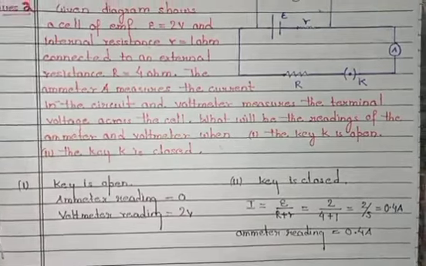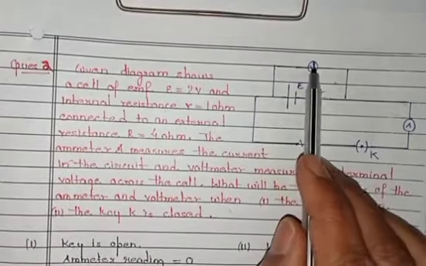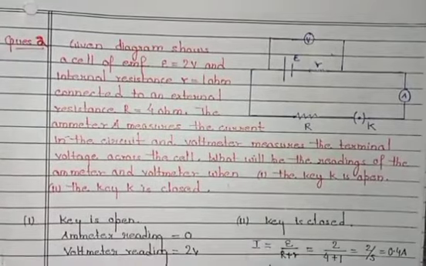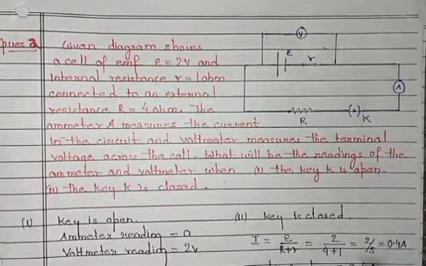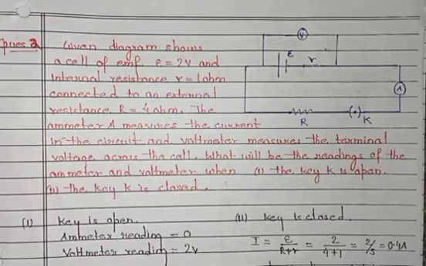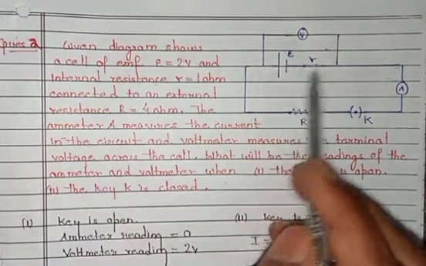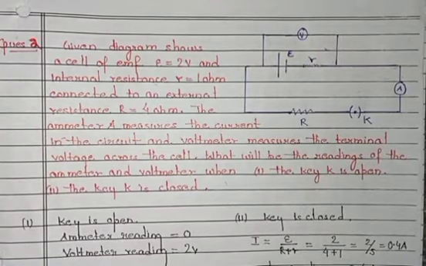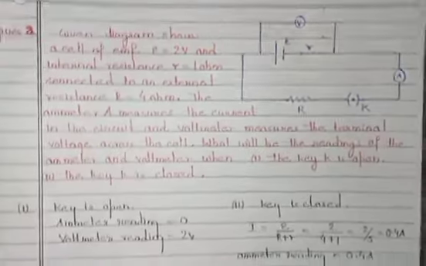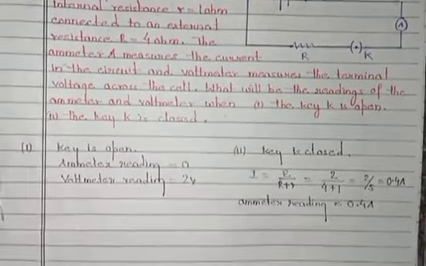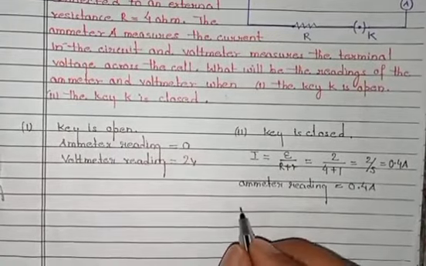Now in the closed circuit, if there is a voltmeter across the terminals of the cell, then remember that it measures the terminal voltage. So if we have to get the reading of the voltmeter, we need to calculate the terminal voltage.